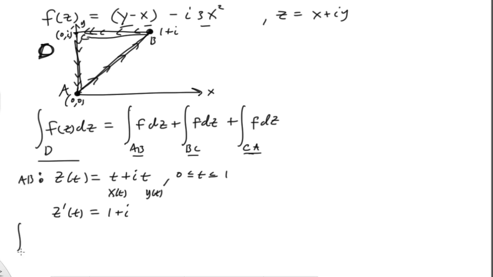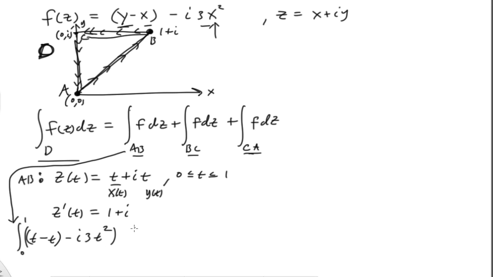So that becomes the integral over AB, this one right here, becomes 0 to 1. And now the y value is t, so I have to put it in there, so here's the y value, that becomes a t minus i times 3, and then here I put a t in there, because that's what we have here, so that's a t squared, good.